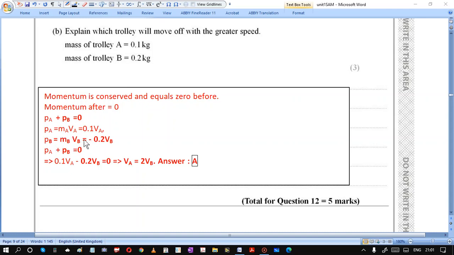Momentum of B equals mass times velocity. We put a minus because they move in opposite directions. When we add, we get that for the smaller mass we need greater velocity, so A has greater velocity.